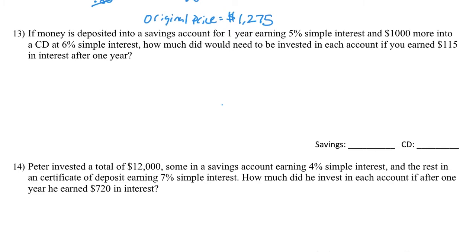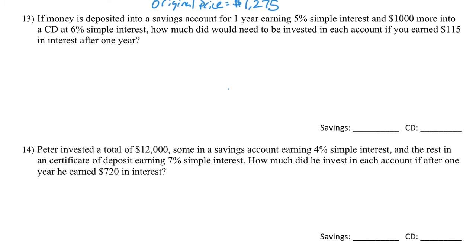All right, number 13 says if money is deposited into a savings account for 1 year earning 5% simple interest and $1,000 more is deposited into a CD at 6% simple interest, how much do we need to be invested in each account if you earned $115 in interest after 1 year? So we've got two things going on here.